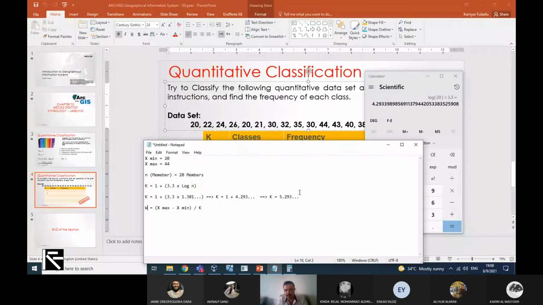What is this formula? It is W. W is the width or height. I'm going to tell you what the width or height is and when we use it.